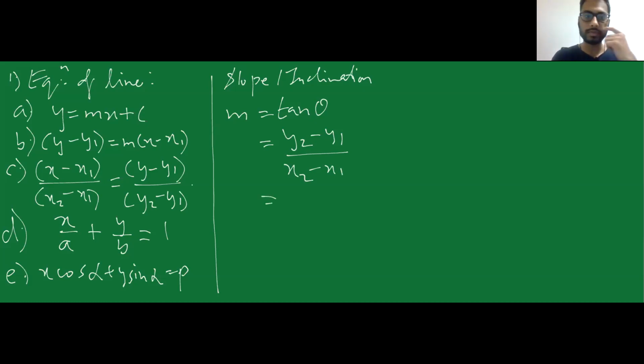And if equation of line is given to me in the form of ax plus by plus c is equal to 0, then that slope of line is also equal to minus of coefficient of x upon coefficient of y. So if my line is in the form of ax plus by plus c is equal to 0, then slope of that line is equal to minus of a by b.